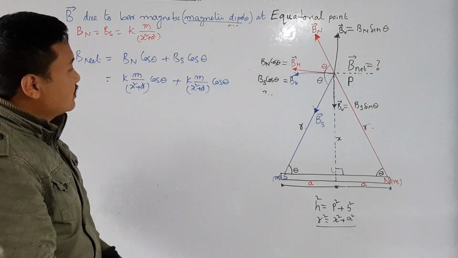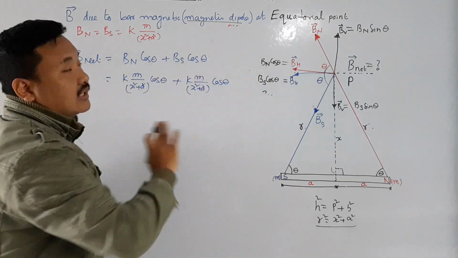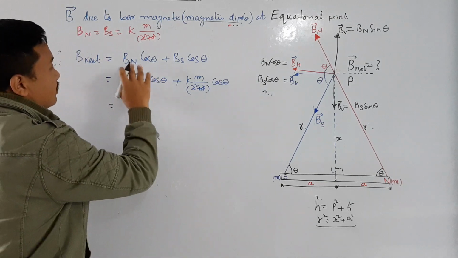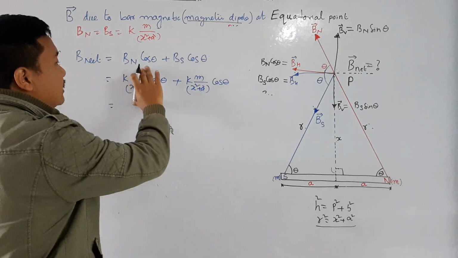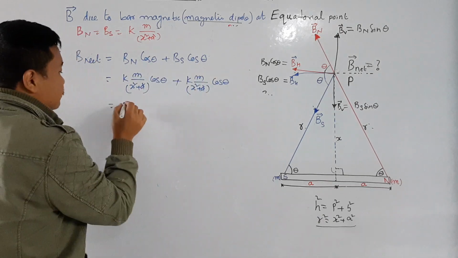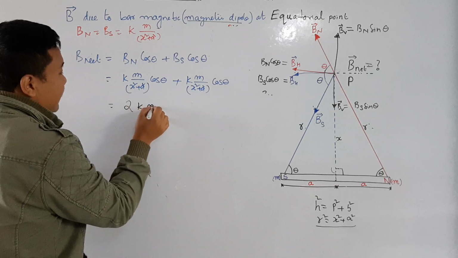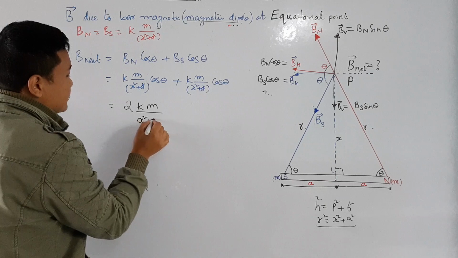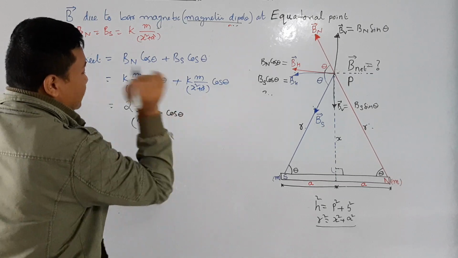So we got this one. Now this whole term and this whole term are same. 1 plus 1, 2. So this will become 2 km divided by x square plus a square and cos theta.